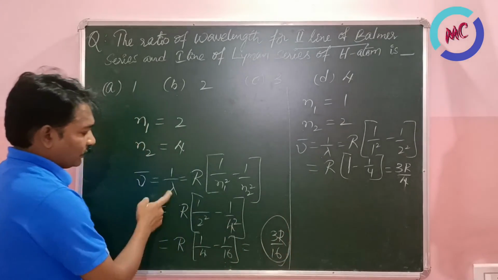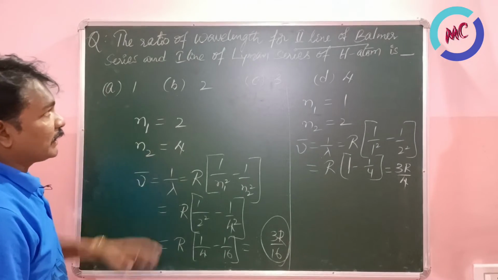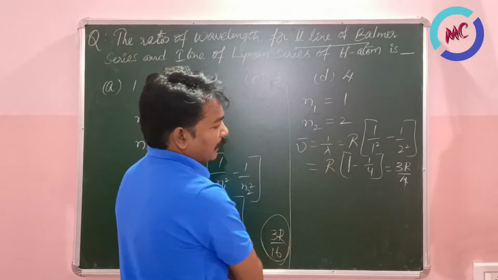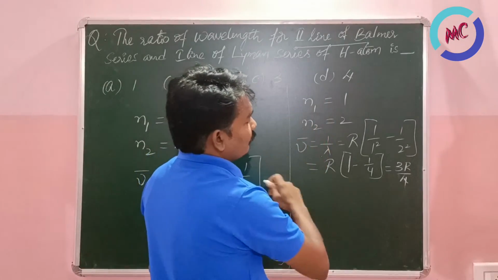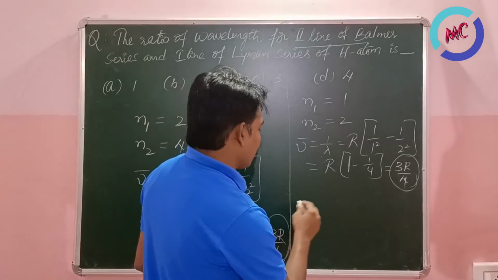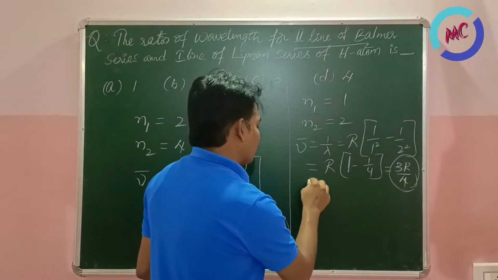Now see here, we have 1 by lambda value for second line of Balmer series as 3R by 16 and 1 by wavelength of first line of Lyman series is 3R by 4. Let us check the ratio here.